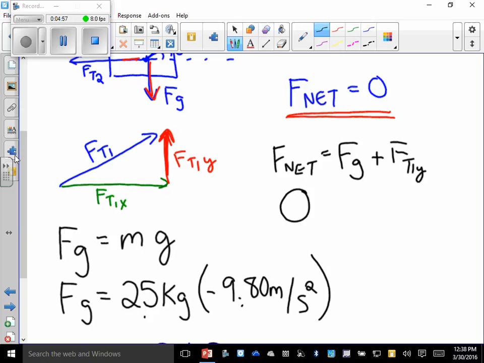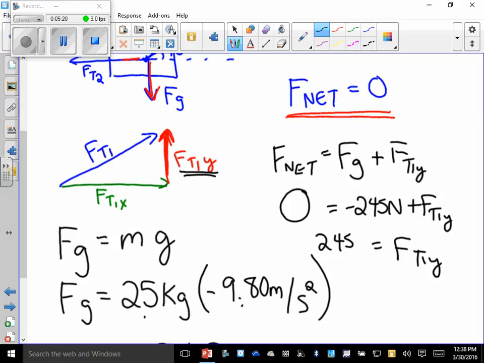We know this is 0, force of gravity, we just calculated to be negative 245 newtons plus Ft1y, the force of tension from wire 1 in the y direction. Well, guess what? We can solve for Ft1y. We add 245 to both sides, 245 newtons. So I found my force of tension in the y direction.